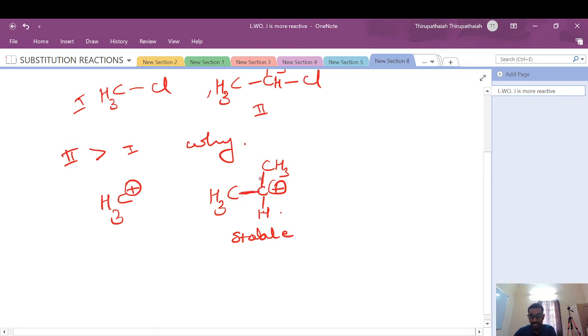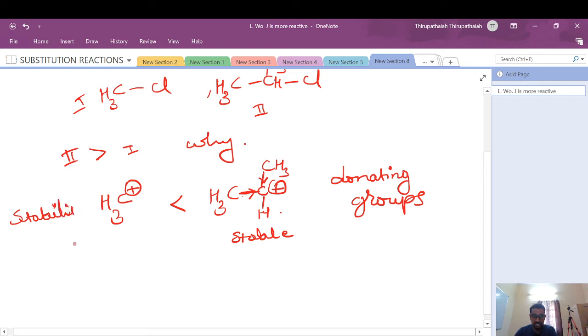Because it is electron deficient, these alkyl groups donate electrons to this carbon. Donating groups stabilize the carbocation. Hence, the stability of the first carbocation is less than the second carbocation.